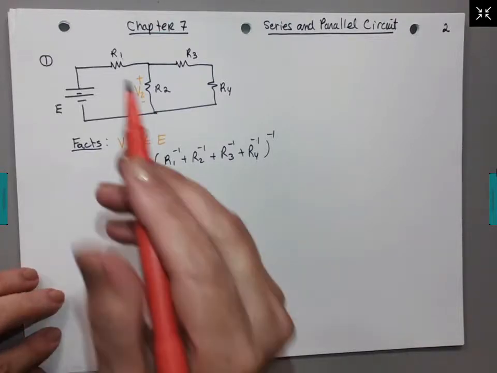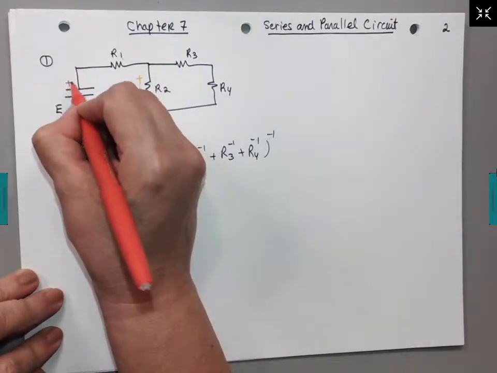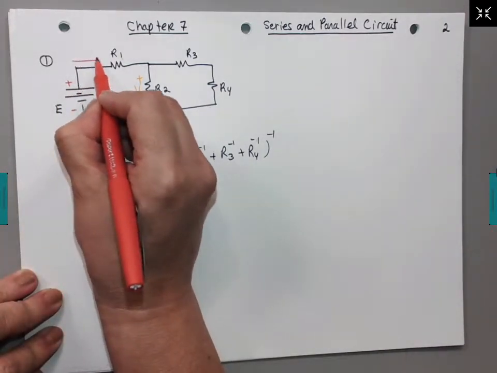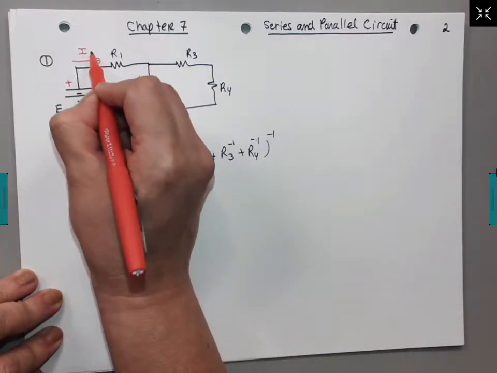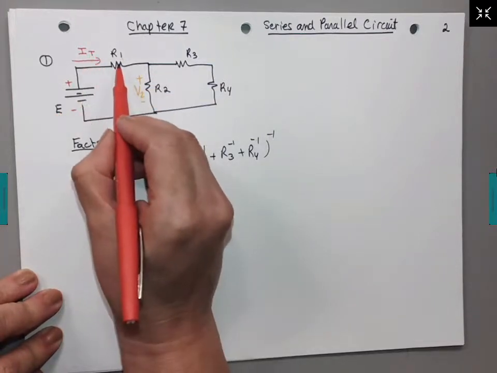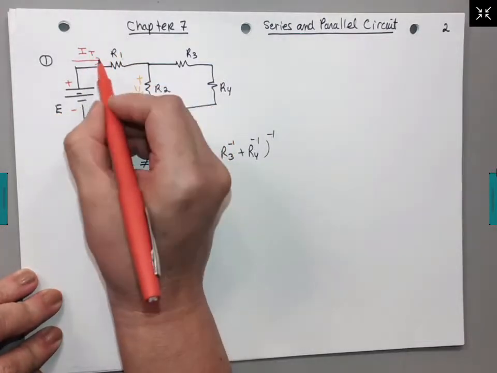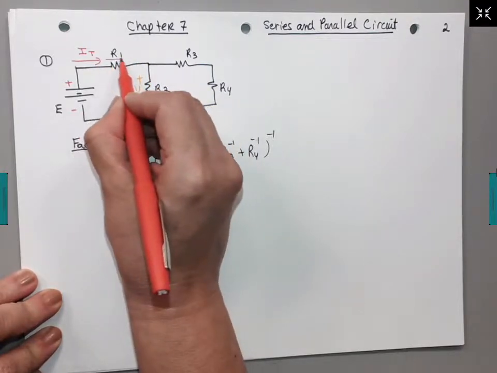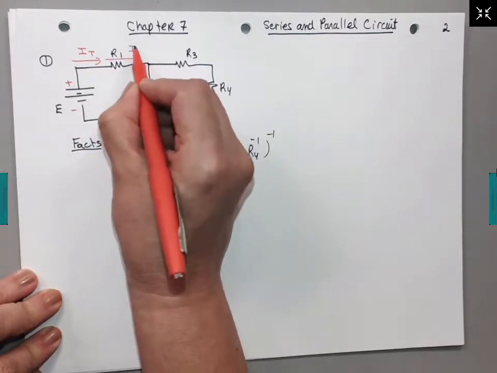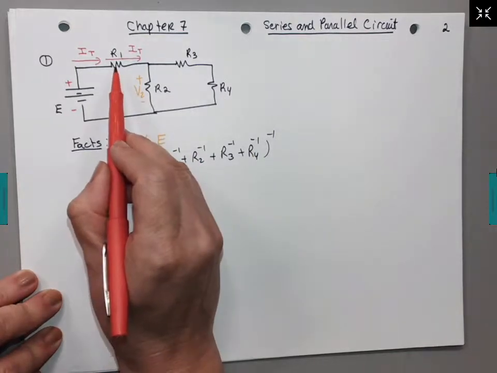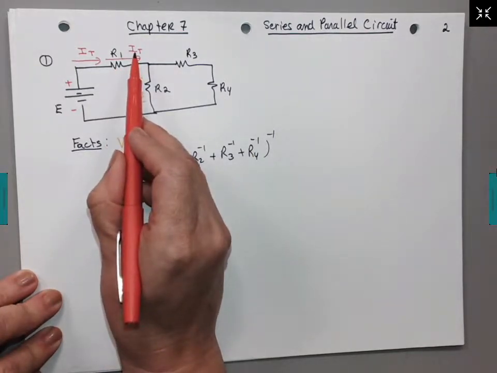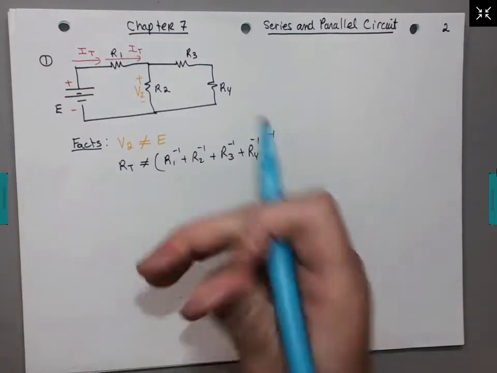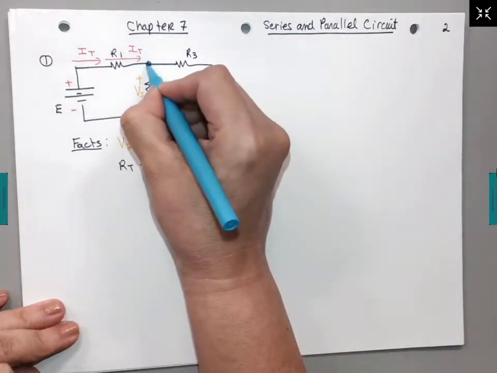So coming out of here, we have plus, minus, and the current coming here, we're going to call him I total, like before. So the current going across R1 is I total. He crosses through, and at this point right here, the current through R1 is IT. You guys see that? And then at this node, the current splits.